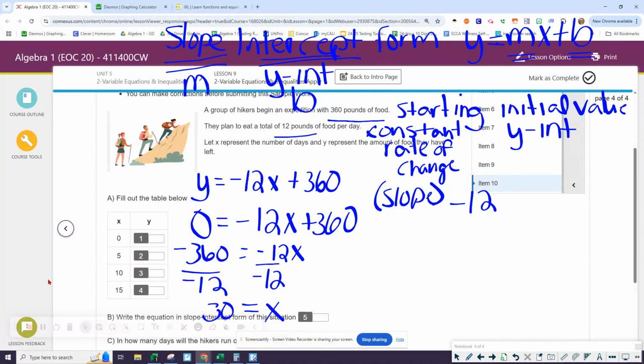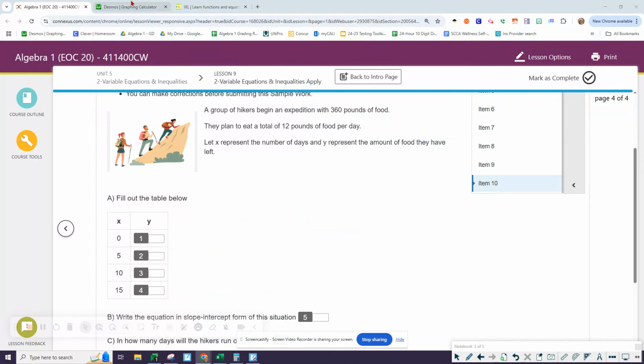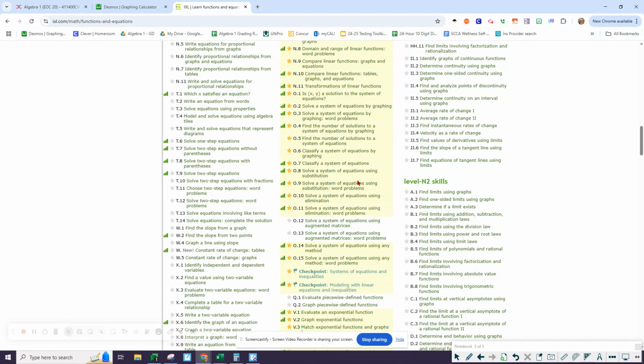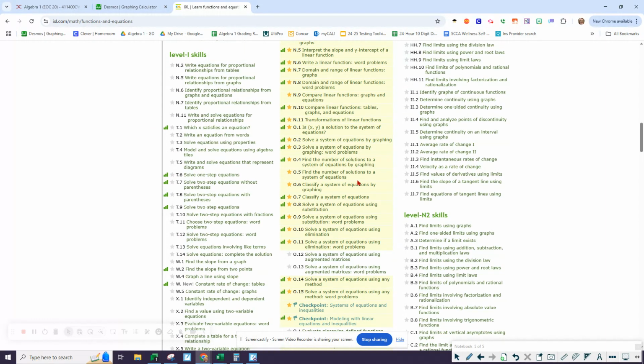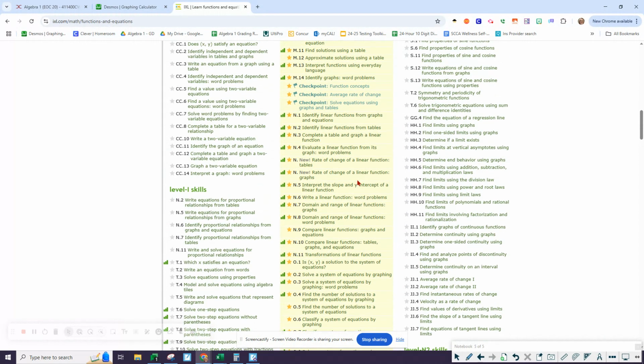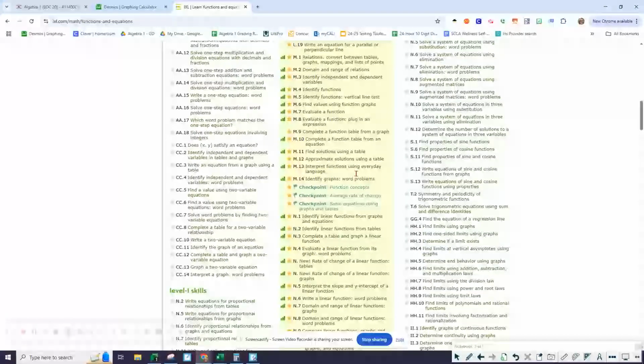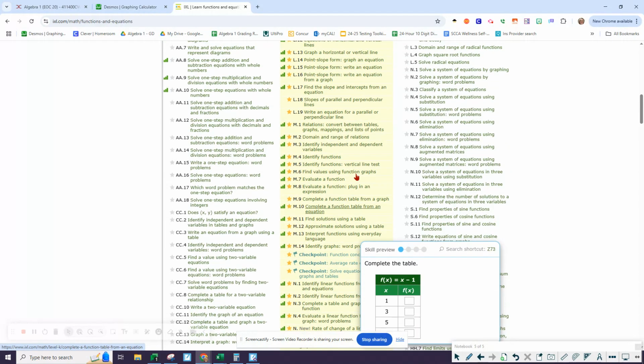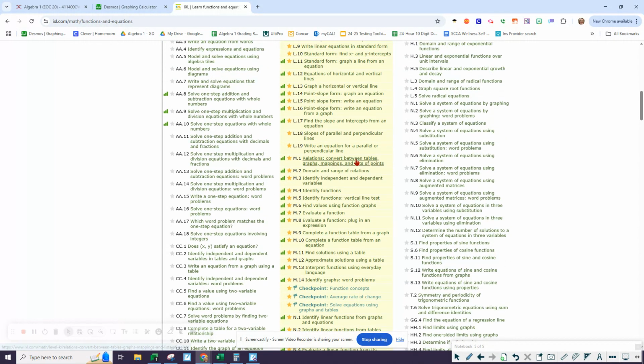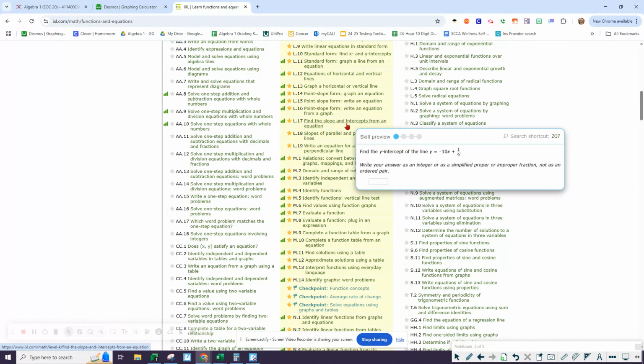And then let's see what videos are going to help you write equations in slope-intercept form. Let's go look at IXL. Writing equations in slope-intercept form. Right here.